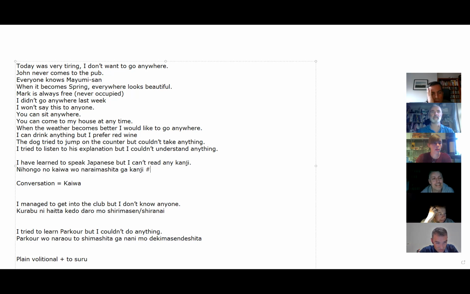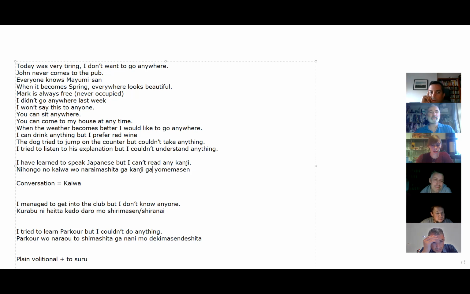Any kanji. And then I can't read is yomemasen. Okay, so this is good. Kanji mo yomemasen. Kanji ga yomemasen. This means I cannot read kanji.